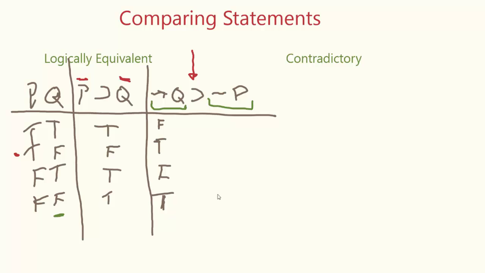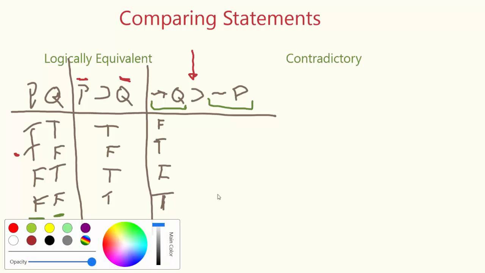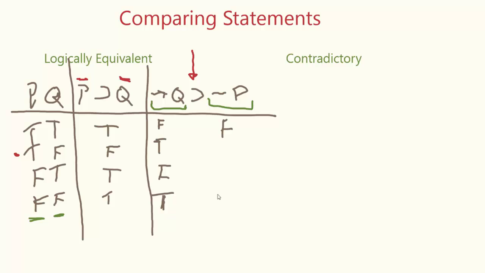Again, looking at the negated P, we can look at our reference column to know what the truth values of P are for each situation, and our negation tells us that we need to flip that truth value. So then what we get is false, false, and true, true.